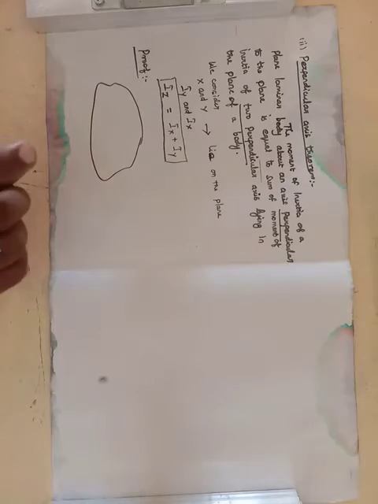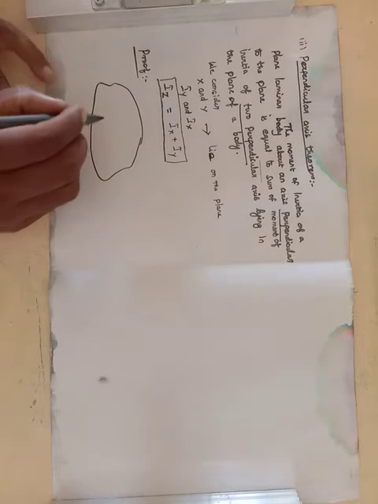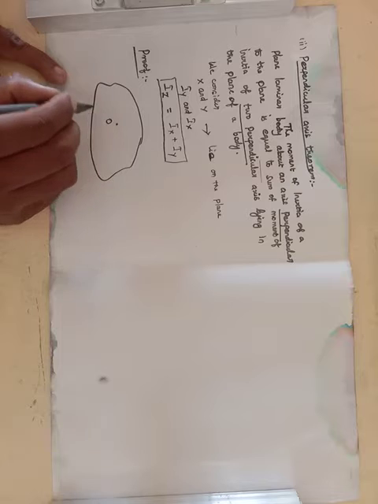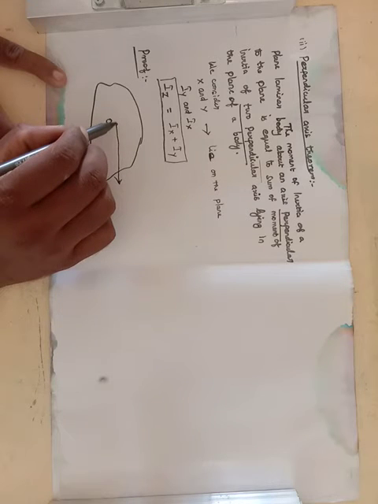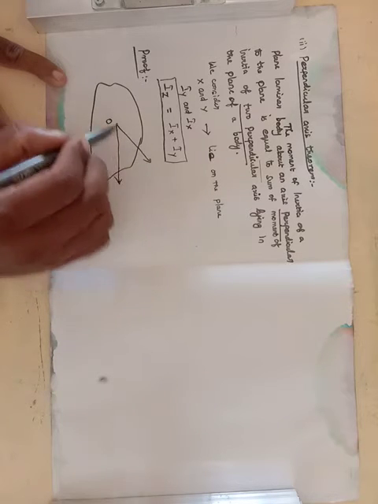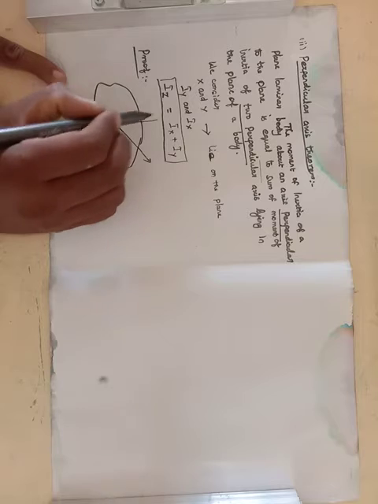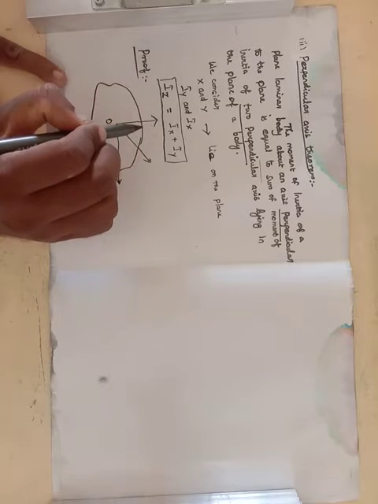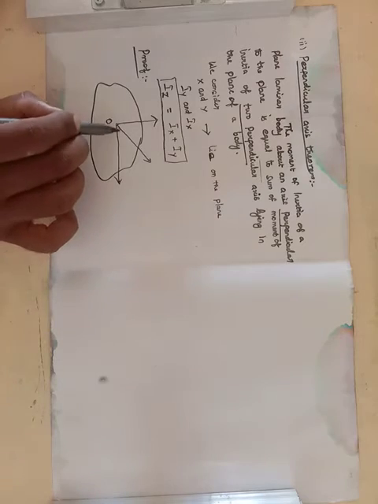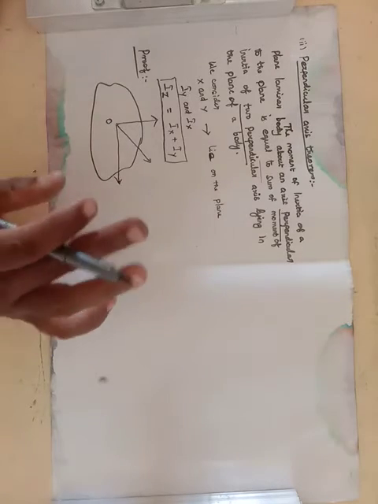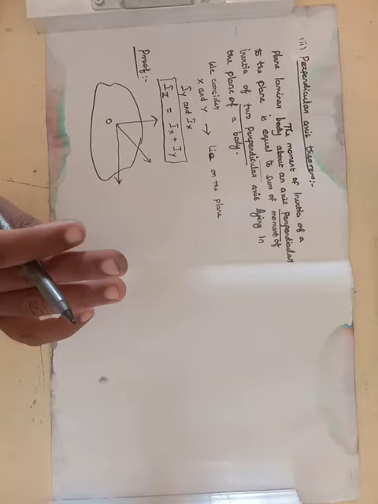It has a very small, negligible thickness, and we take the origin of the body as O. We consider three axes: the x axis, the y axis and the z axis. These three axes are mutually perpendicular to each other. The angle between the axes is 90 degrees.